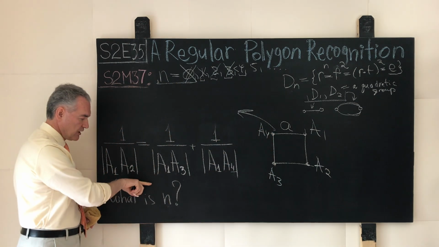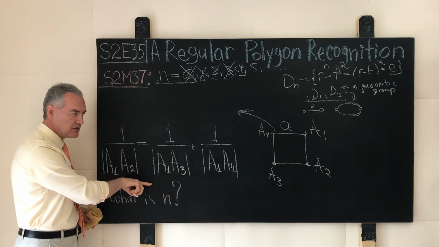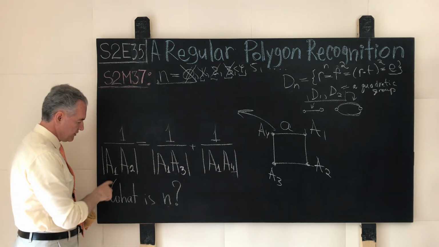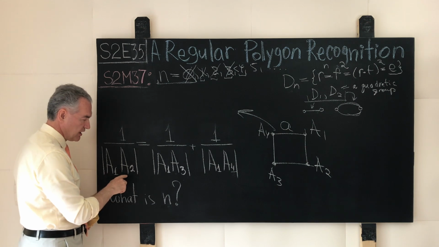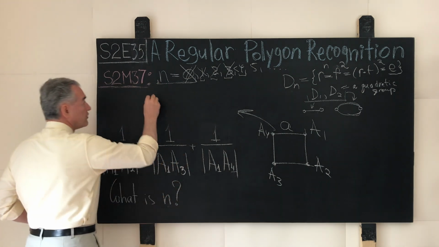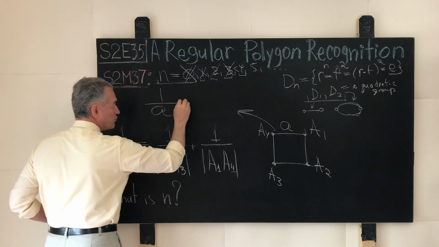How do we render the given relation for a square with the side length a? Well, the distance between the vertices A1 and A2, such vertices belong to one and the same side of a square, will be what? 1 over a.